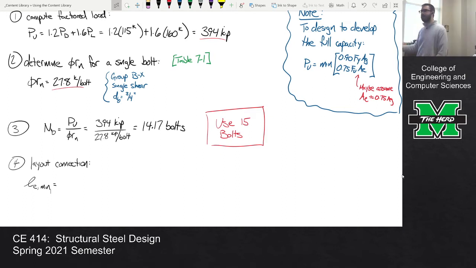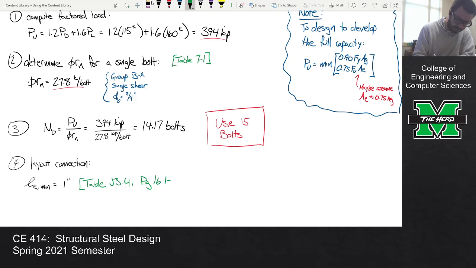Everybody's kind of quiet. Does everybody remember how to get the minimum edge distance? There we go. It's 1 inch from table J3.4. Is that 132?